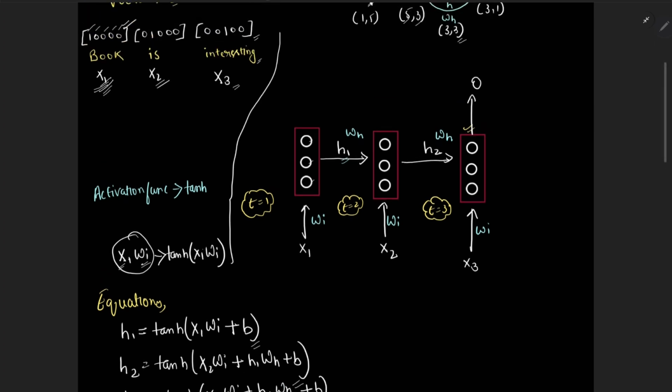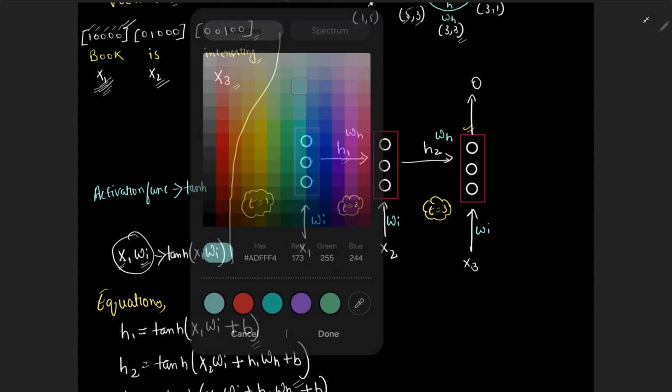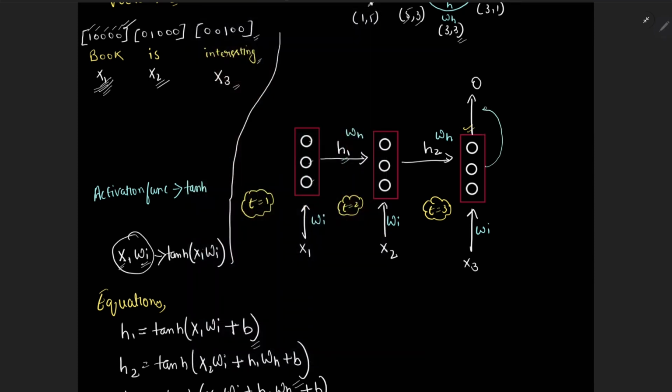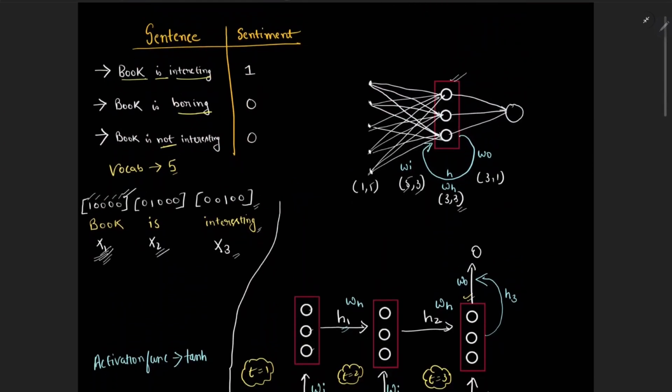We don't have any further timestamp or any further input, so this h3 will contribute to providing the output O. This h3 is passed and multiplied with the weighted connection of the output. We have provided all the inputs at different timestamps, and now this WO gets multiplied with the last hidden state h3 and we get the output O.